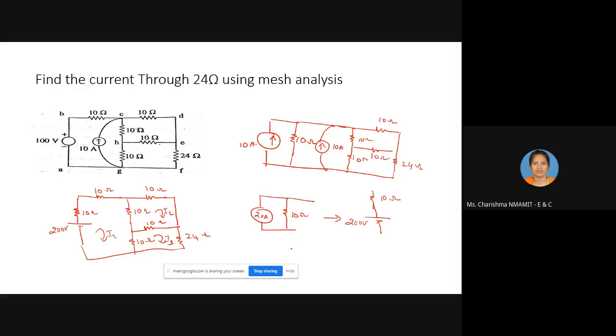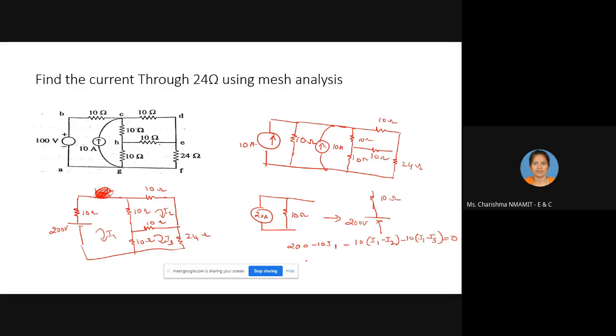The first equation is 200 minus 10 I1 minus 10 into I1 minus I2 minus 10 into I1 minus I3 equal to 0.